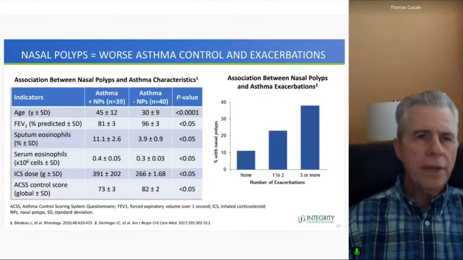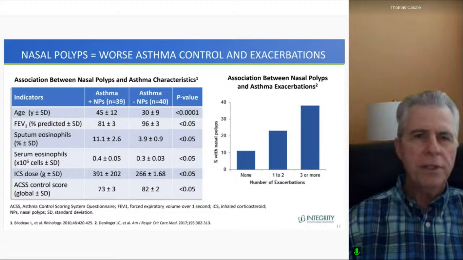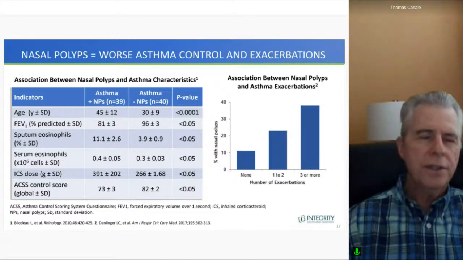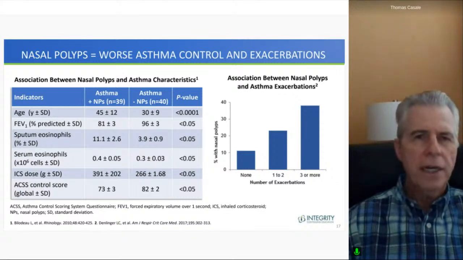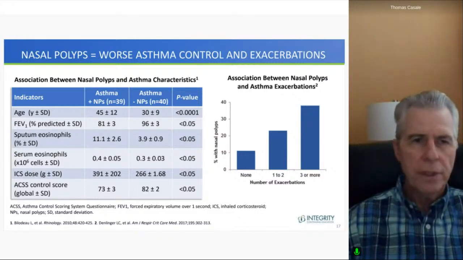Now, if you look at the overall association between nasal polyps and asthma characteristics, you can see a couple of things. First off, if they have nasal polyps, they tend to be a little bit older. You can see their lung functions are not as good.